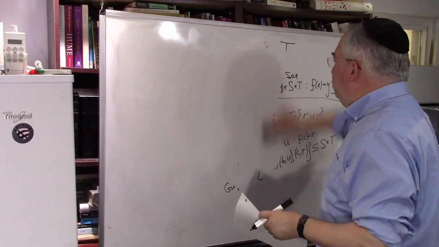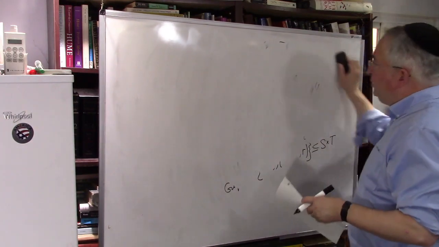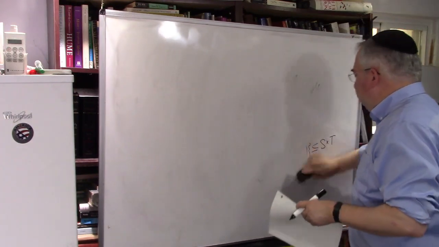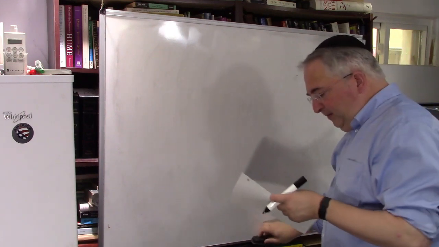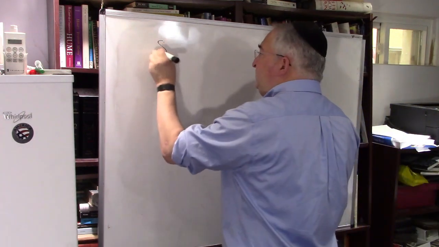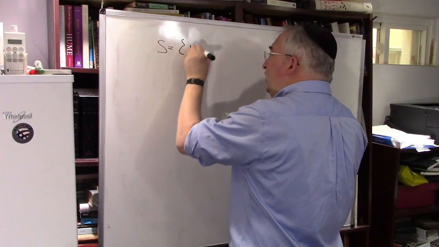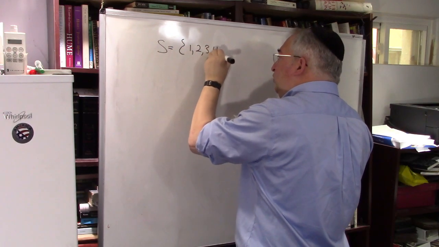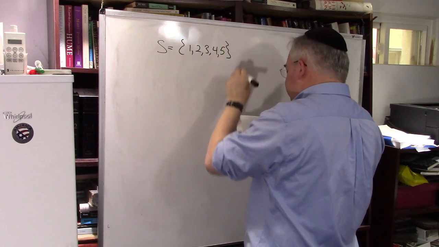Let's do another example. Again, a babyish example, but very nice. You ready? S is equal to 1, 2, 3, 4, 5. Very easy.